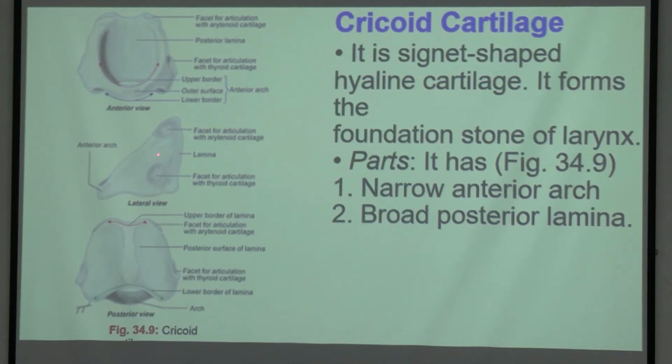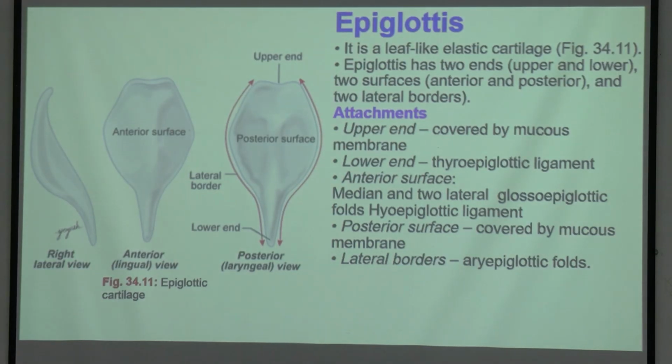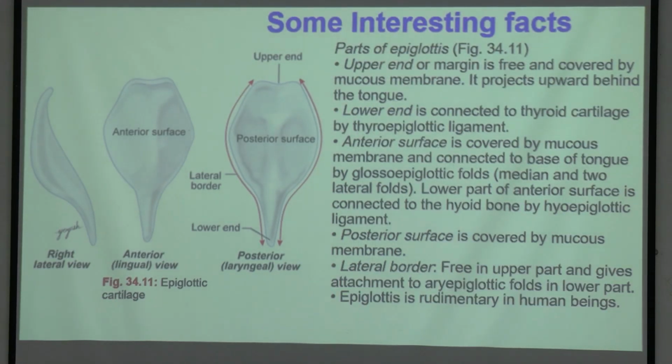Cricoid cartilage, this is the side view. We can see this is the posterior view. Epiglottis we know, this is the anterior surface, this is the posterior surface we can find, and this is the right lateral surface.